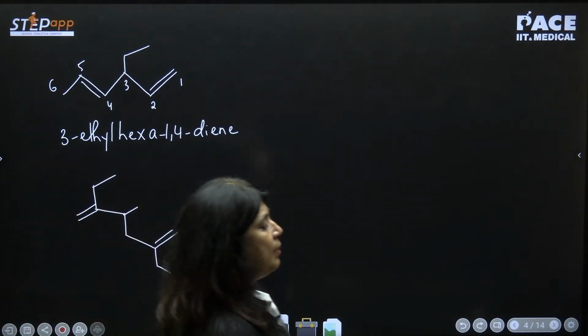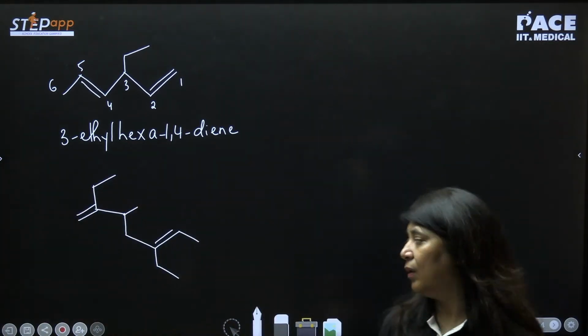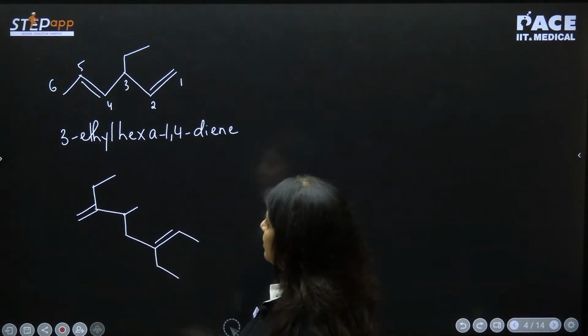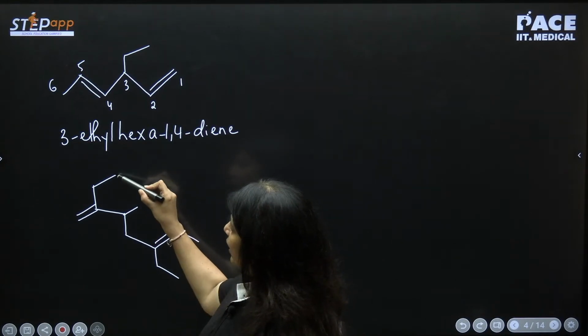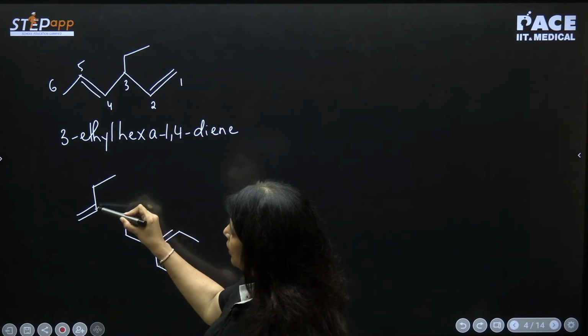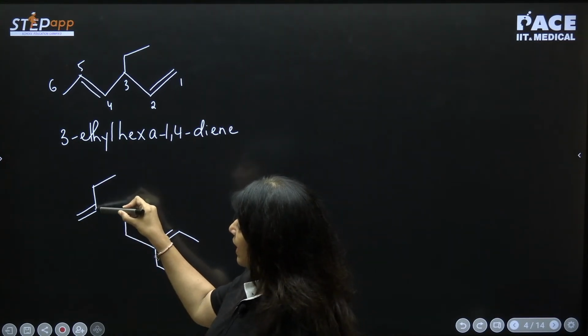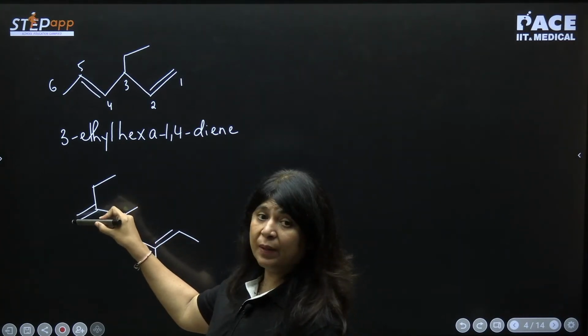Okay, now let's see the naming for this compound. I cannot start numbering from here, because if I start from here, 1, 2, 3, and this is 3, this will end here as 4, because if this is getting position 3, this has to get position 4.